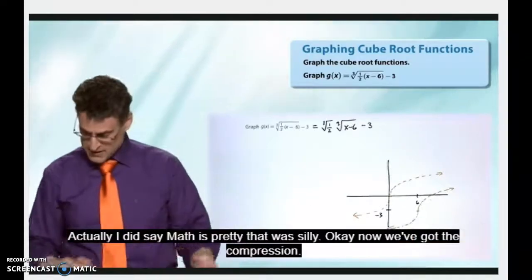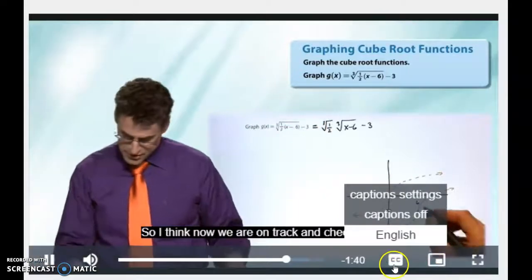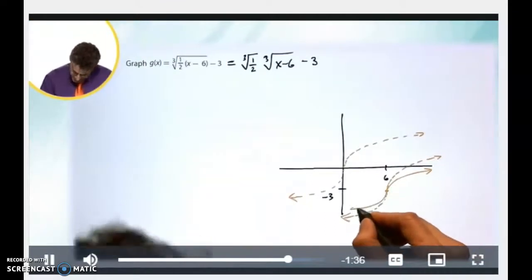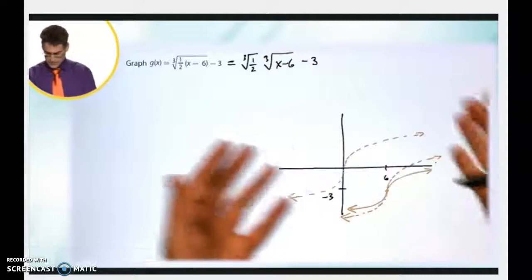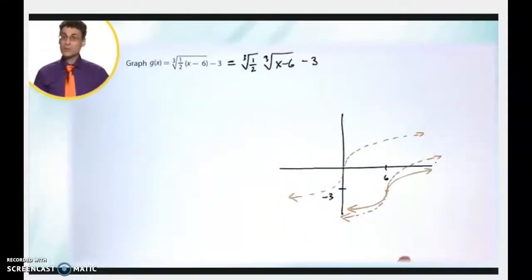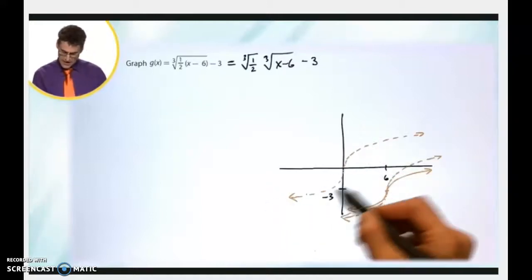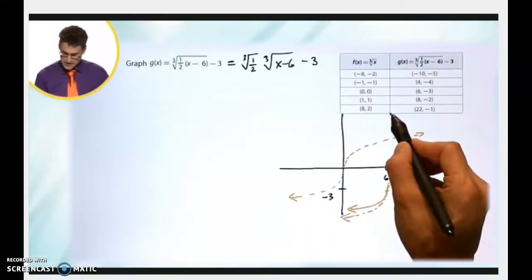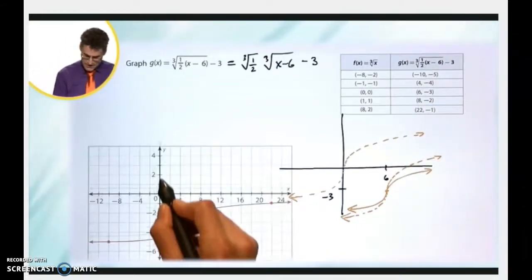Okay, now we've got the compression, the vertical compression by this number that's less than 1. So I think now we're on track, and check it out. Very tight. That's my extremely rough sketch, just really with no numbers at all. If I were to actually look at numbers from the parent function and find the corresponding translations, so it's basically plot points, here's a bunch of points we could find, and if we take them and graph them, here's what we'd see.